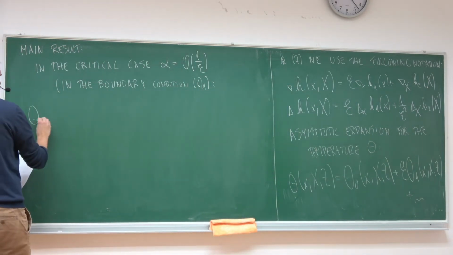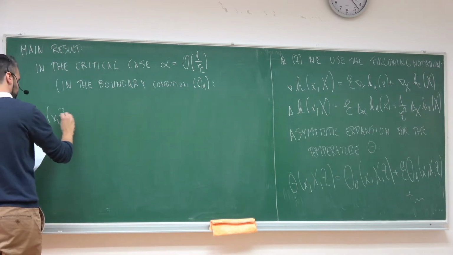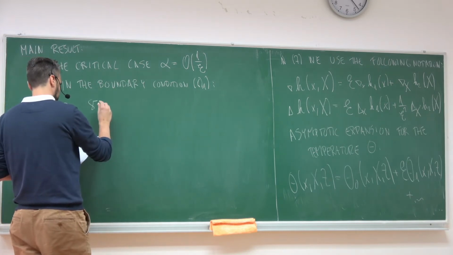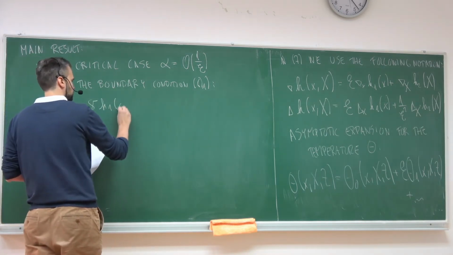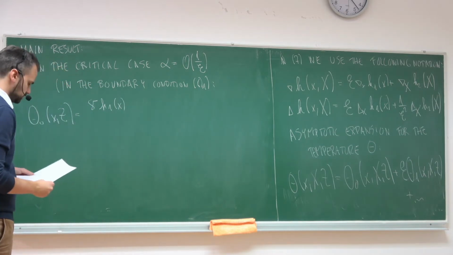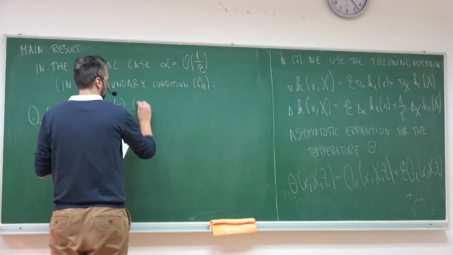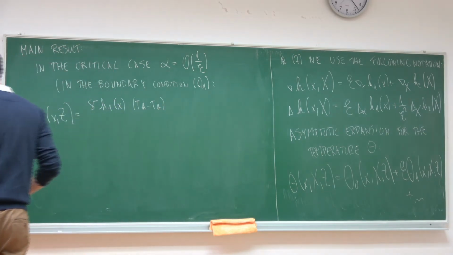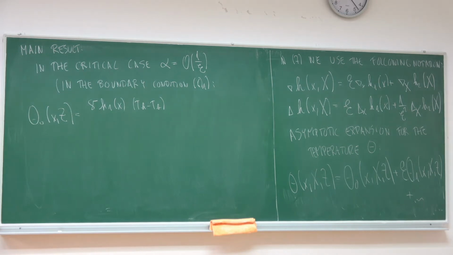So theta 0 of (x, z) is given in this form. So gamma h1 of x, that should be th minus tb. So gamma is, I think I didn't write it down. Let me just check, it is given due to the rescaling of alpha, I think. Just a second.